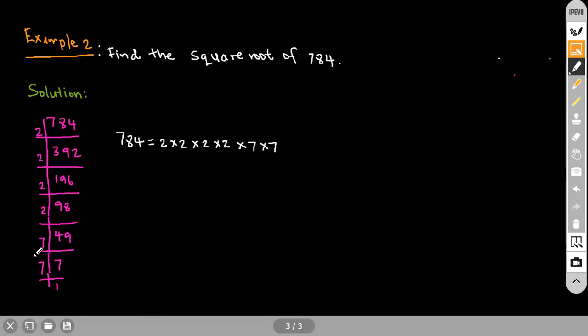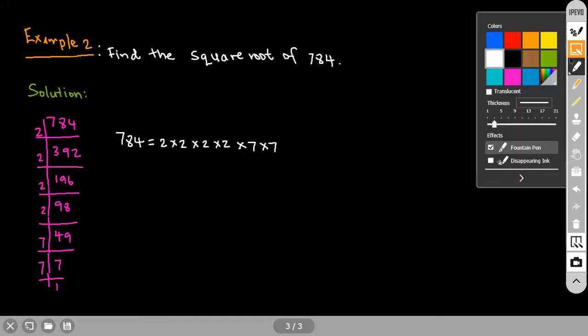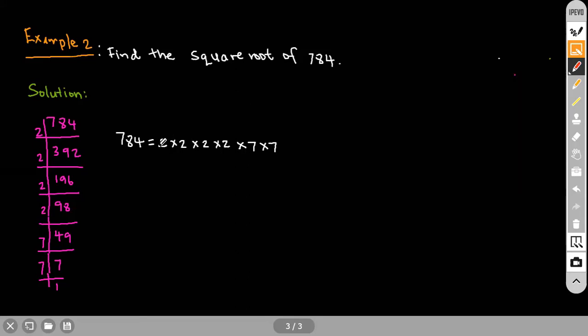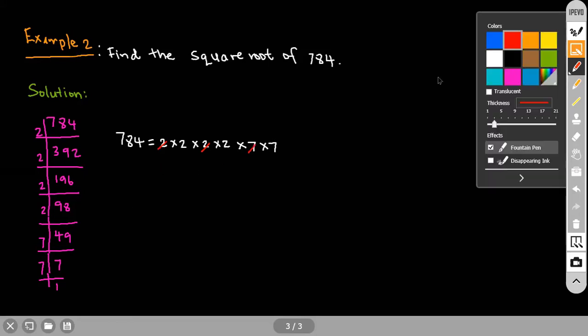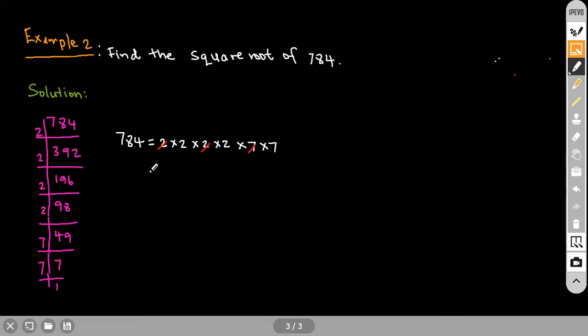Okay, since we need the square root, we will get 2 equal groups. So with the first group, let's have these 2 and these 2, and this 7. That will be 2 times 2 times 7.